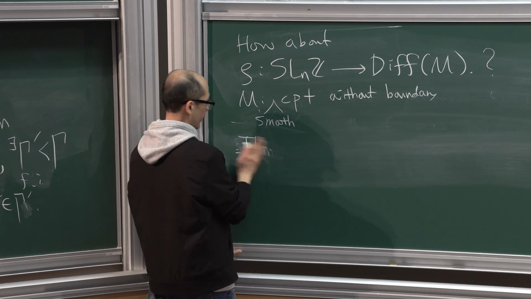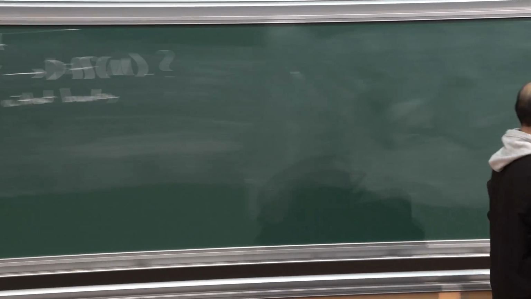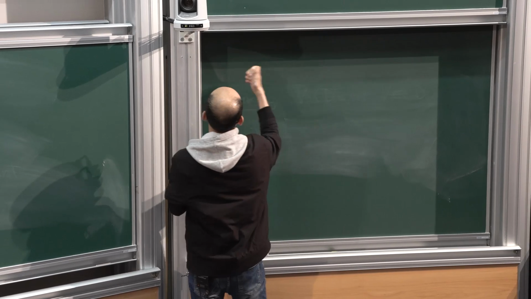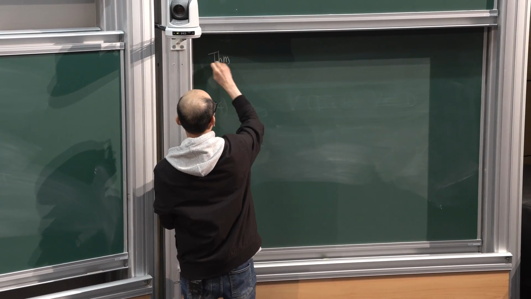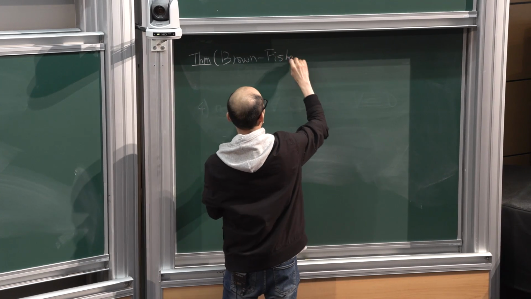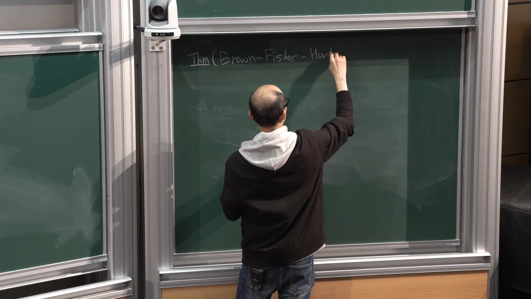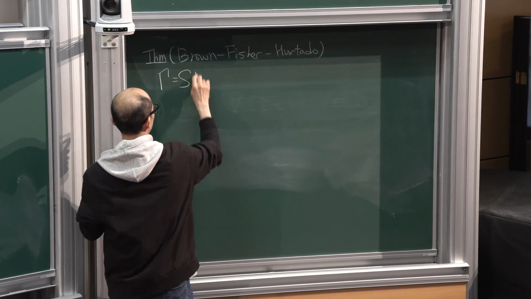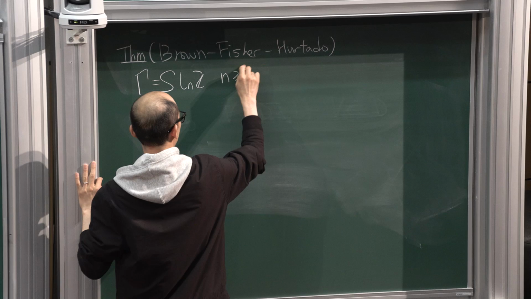Let me just write down the theorem in this direction first. The theorem by Brown, Fisher, Hurtado is the following. Let's say gamma is SL_n Z again, with n at least 3.